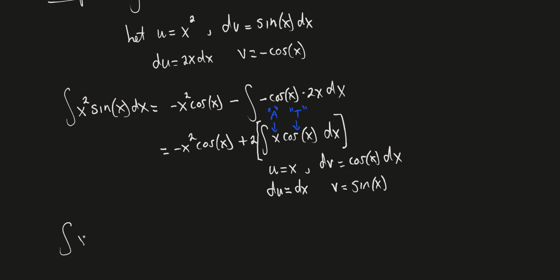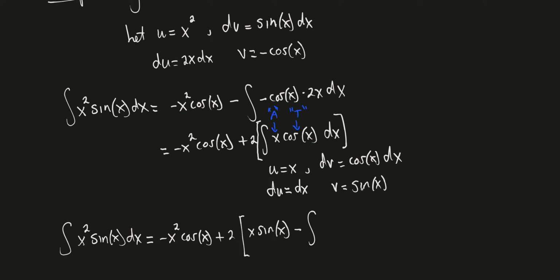So our original integral, x squared times the sine of x with respect to x, is equal to, so this part is good, we have our negative x squared cosine of x, and then plus 2 times a quantity. The quantity is going to be uv, so x times the sine of x, minus the integral.